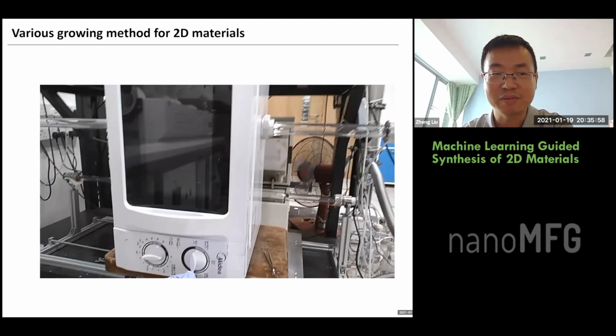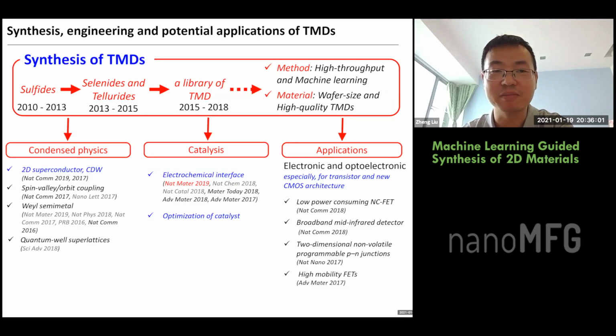Okay, so talking about the materials we are making, we started from the sulfides around 10 years ago, and then stepped into the selenides and the tellurides. A few years ago, we demonstrated a library of TMD materials. As mentioned by Nancy, I believe there are two directions that the community can go.